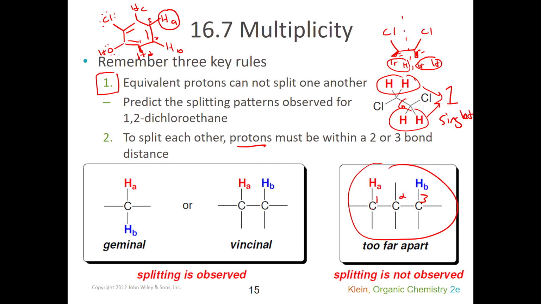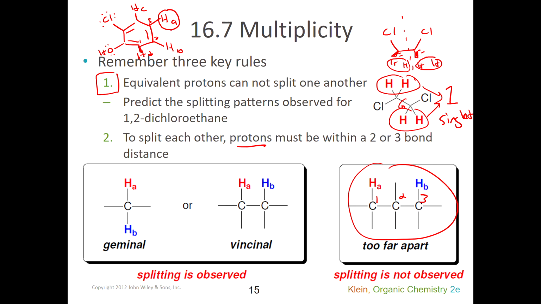Hydrogens that are this far apart don't split unless they're on an aromatic ring. So hydrogen A would be split by C into a doublet, by B into a doublet, and by D into a doublet. And so that might be a very complex splitting pattern that I wouldn't be able to interpret very readily. So it might end up being something called a multiplet, which we'll talk more about in a minute.